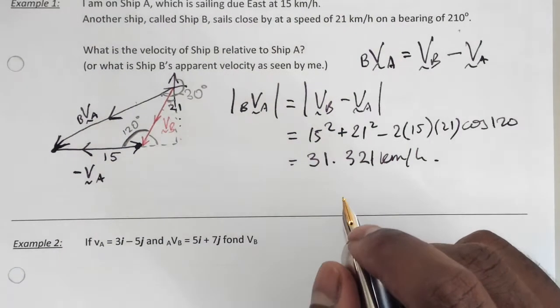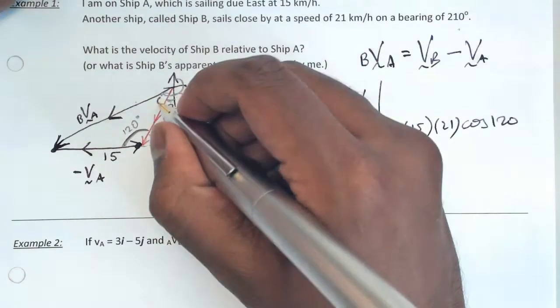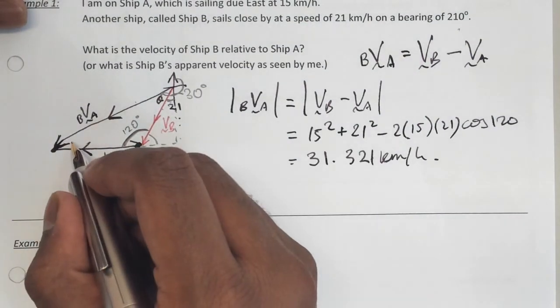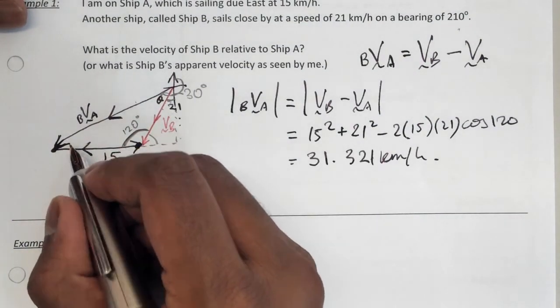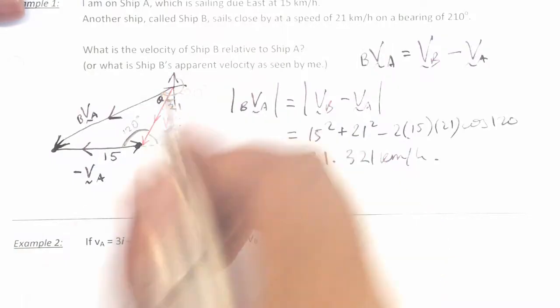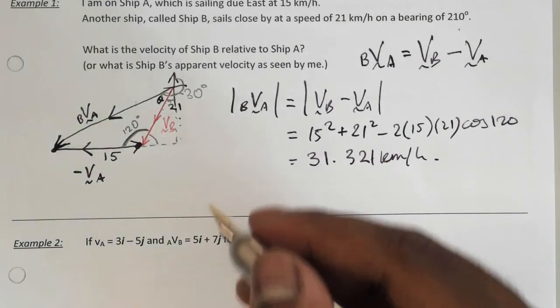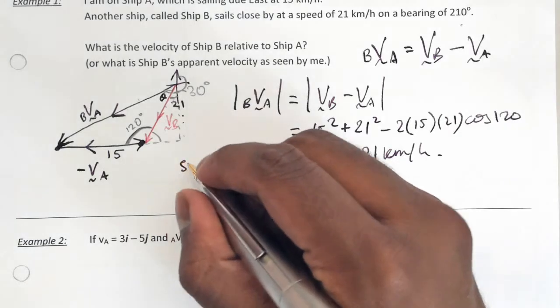So let's see, how do I work out this angle here? Let's call it theta. Even if I did what Max did, and I worked out theta there, I just got to go 180, take that, and I find that. So either one is fine. What rules should I use? I can use the cosine rule or the sine rule. I'll use the sine rule. We haven't used that in a while.